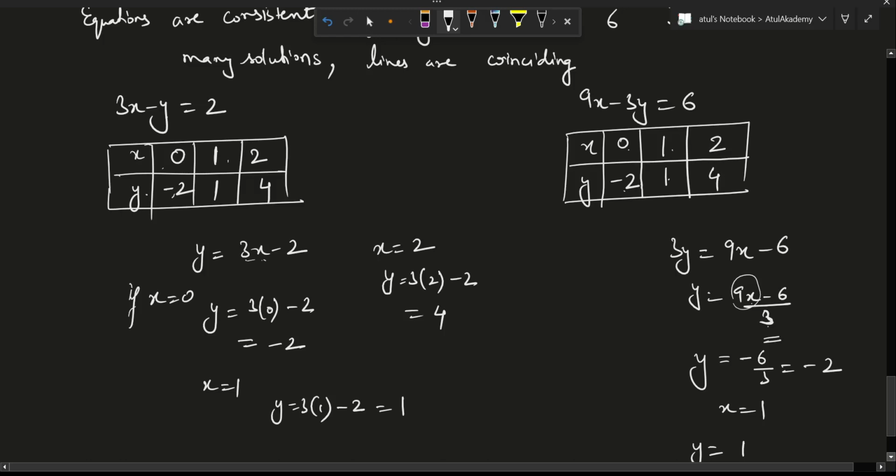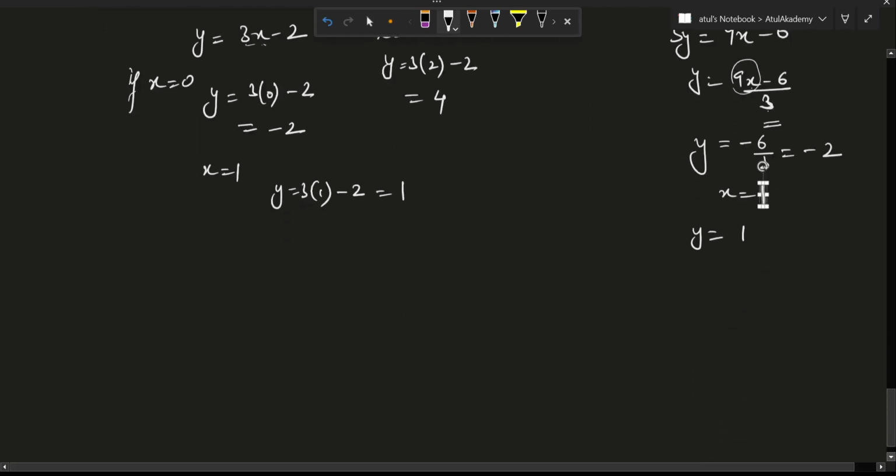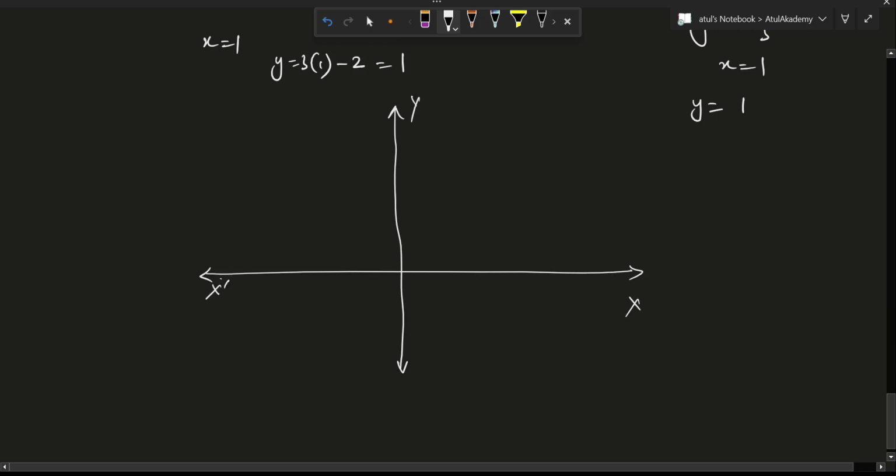Clear? Now let's start plotting it. What values do I have to take? I have to take only 0, minus 2; 1, 1; 2, 4. Let's see which side it is going. X, y, x dash, y dash, 0.